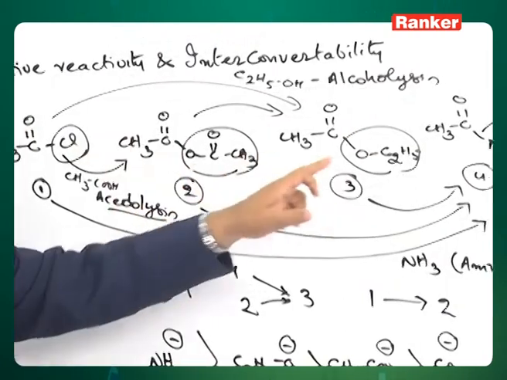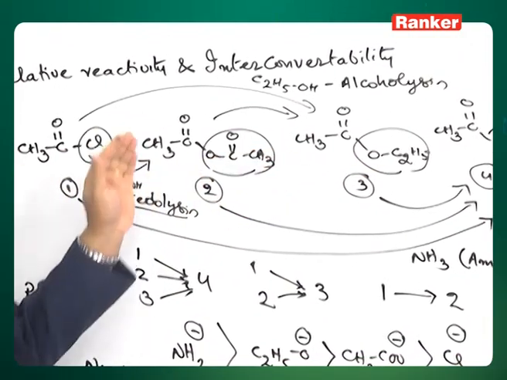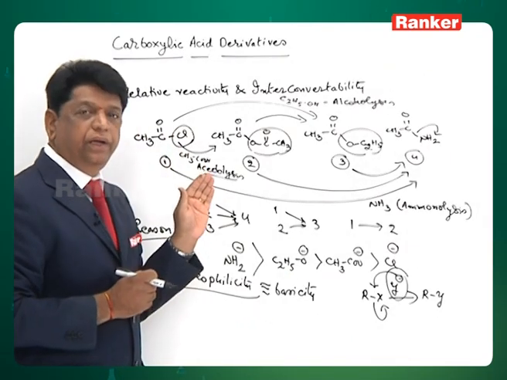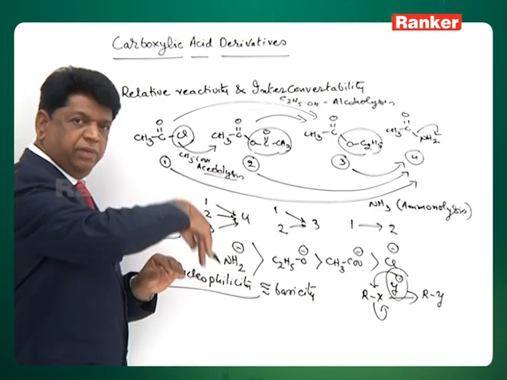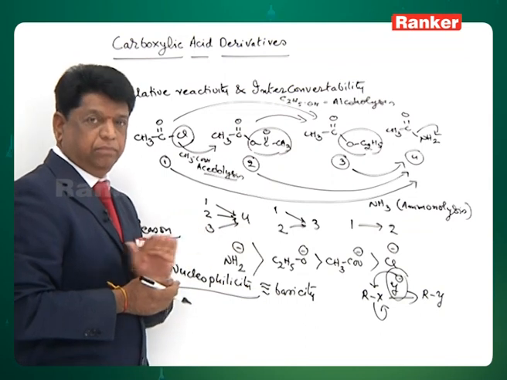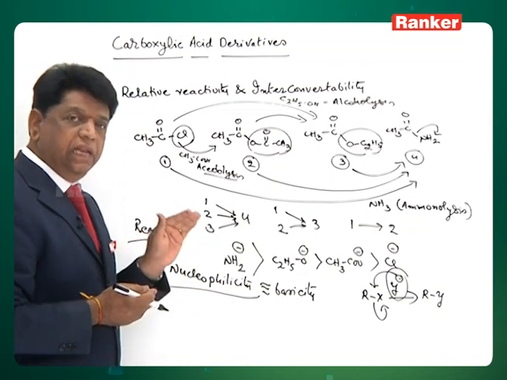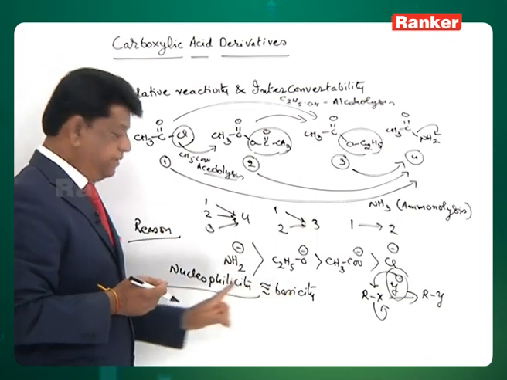Oxygen and the halogen, chlorine, are more electronegative than nitrogen, so they are better outgoing groups. Outgoing property is the reverse of nucleophilicity. Nucleophilicity means incoming property. Outgoing means leavability, or some books specifically say fugacity. Leavability is the reverse of these 2 concepts.